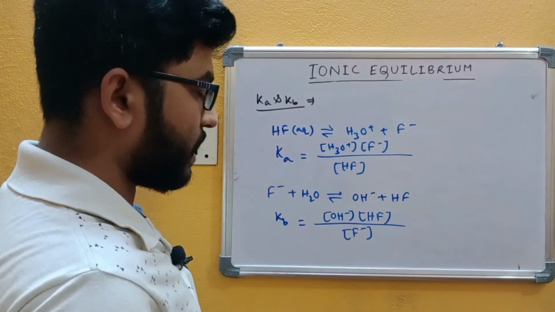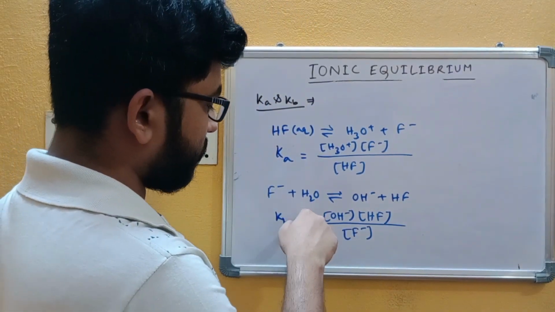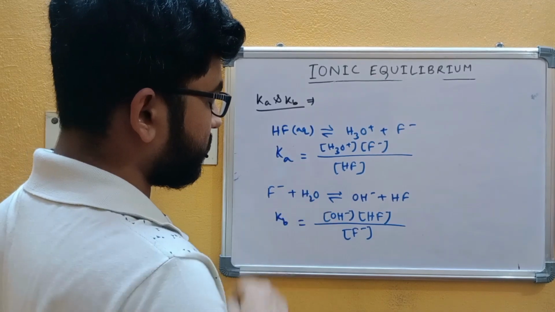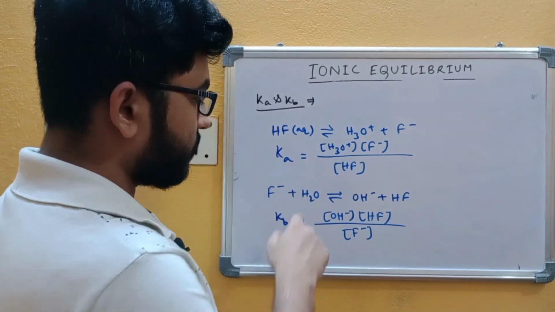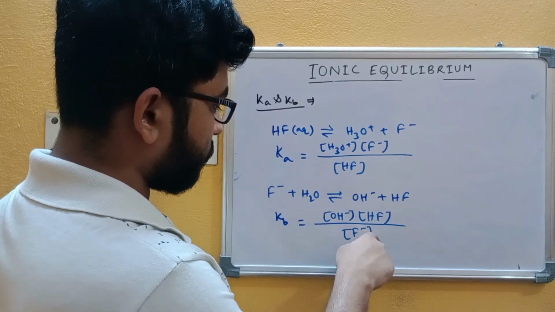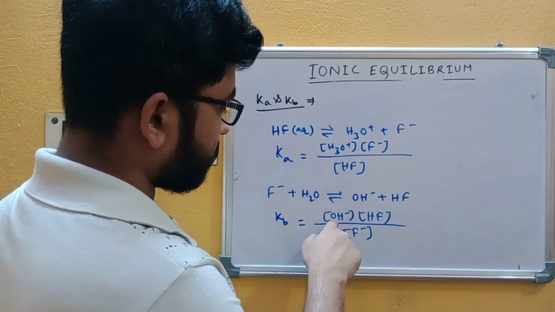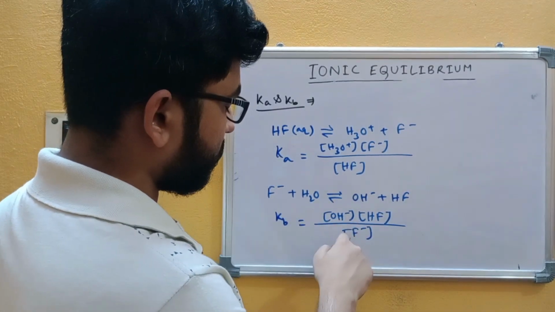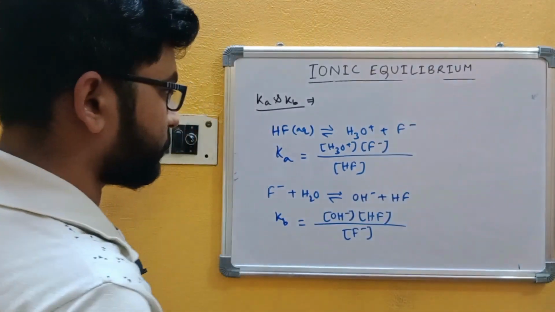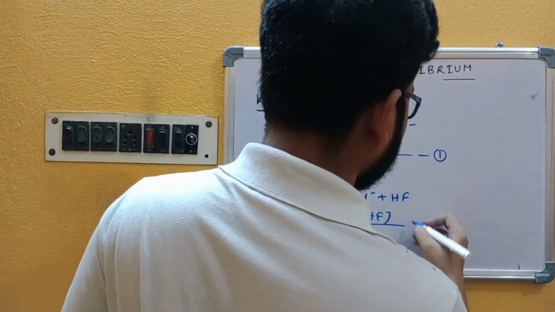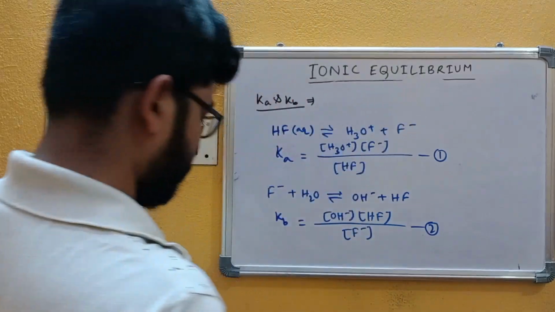Concentration of H2O is constant because the active mass of H2O is unity, because it is in liquid state. That's why we ignore the H2O here. That is Kb is equal to concentration of OH- into HF by F-. So this is equation 1, this is equation 2.